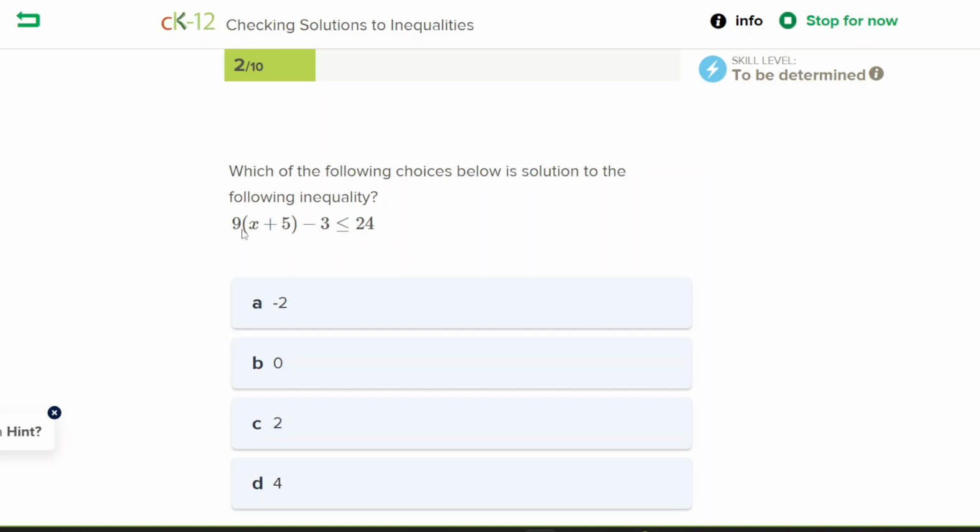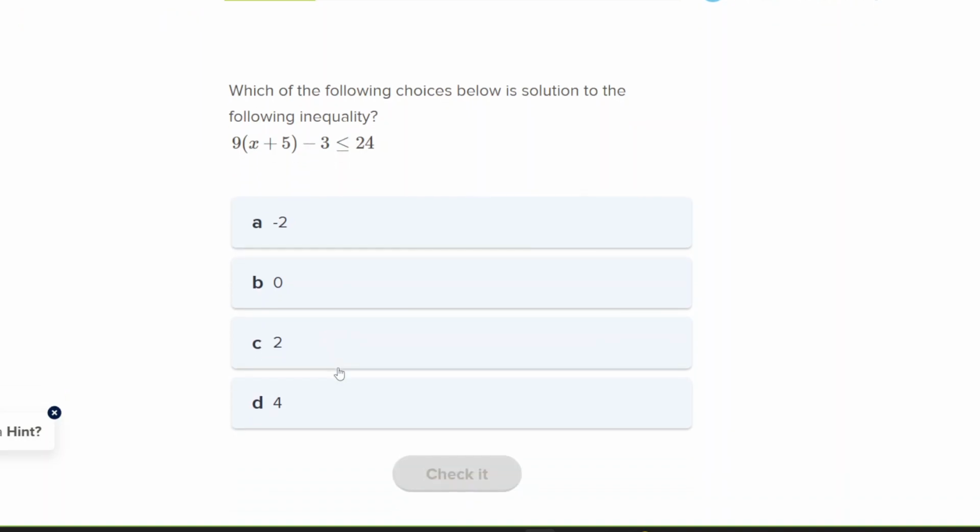Okay, so we have 9 times. Now I could go through and solve it, but let's look at the options and the question. Which of the following choices is a solution to the following inequality? So we're not actually asked to solve this or find all the solutions.